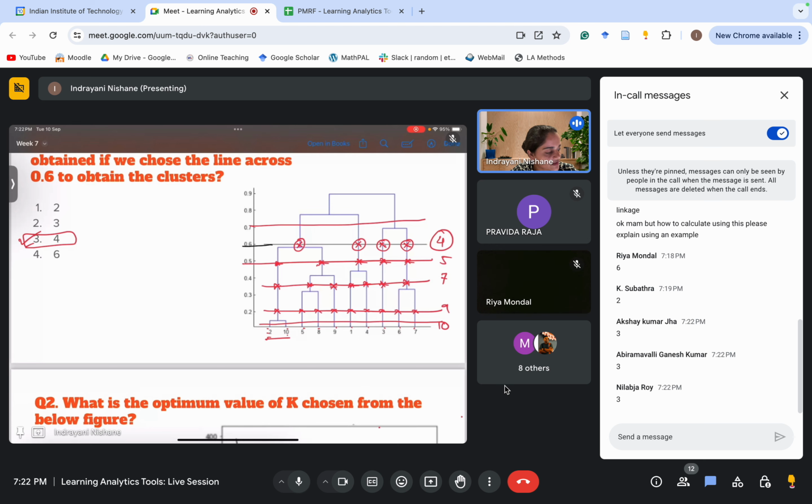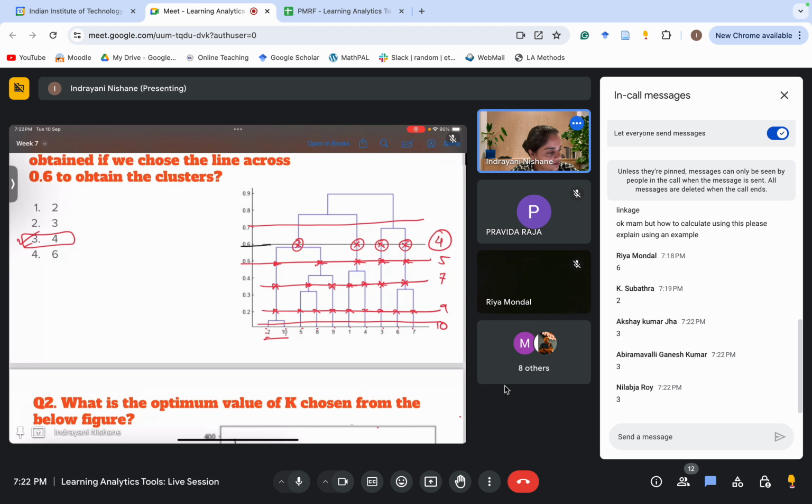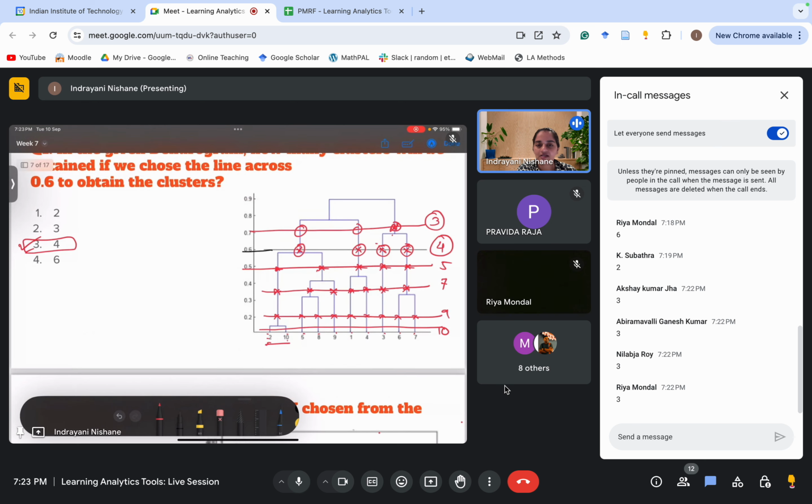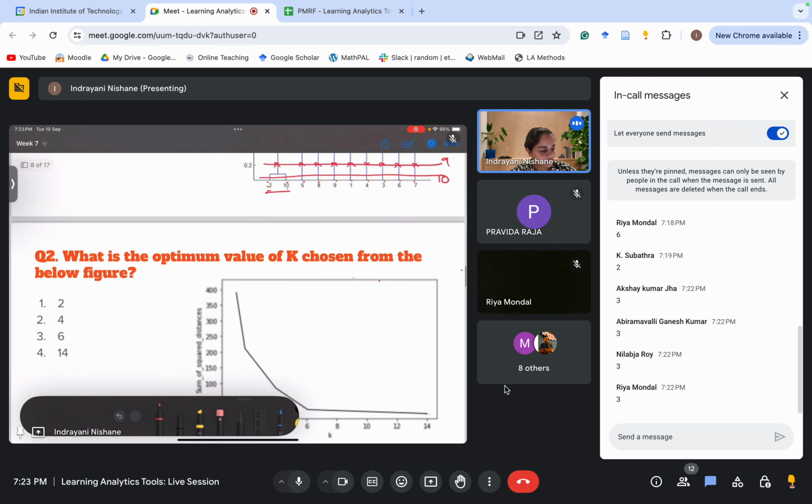I'm getting correct answers in the chat box. 1, 2 and 3, because these two clusters are combined into one cluster here, so it becomes 3 clusters. If such questions come, you just have to do it this way. Very easy to do.